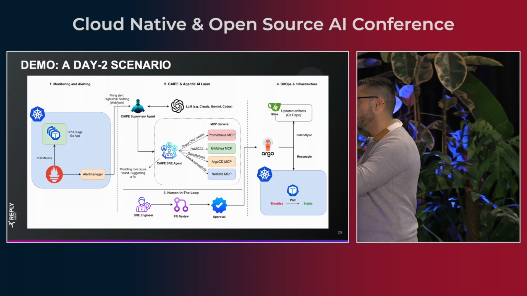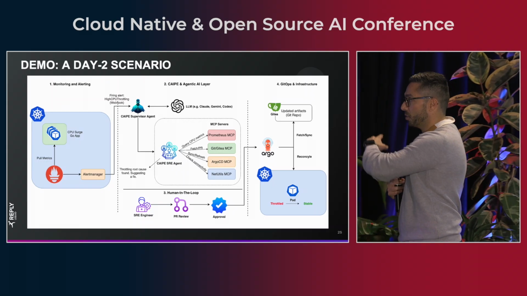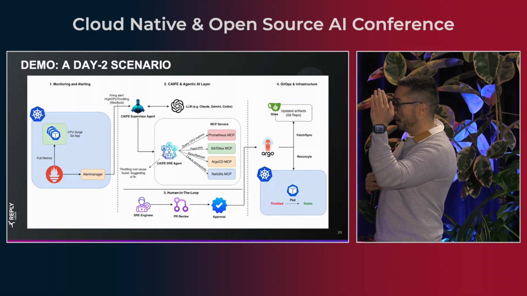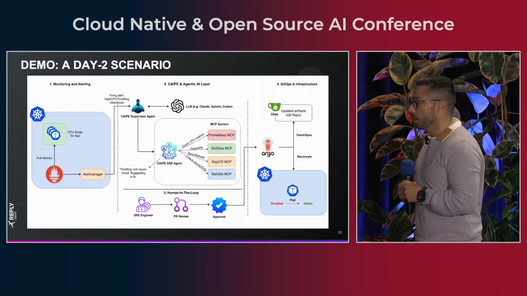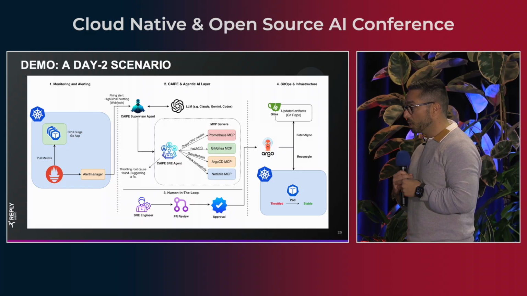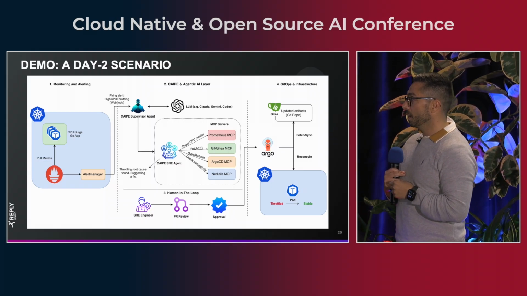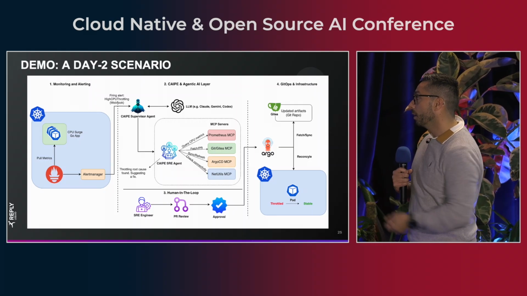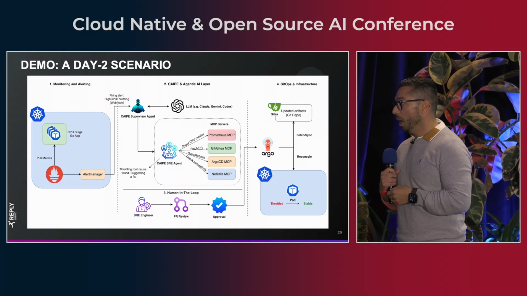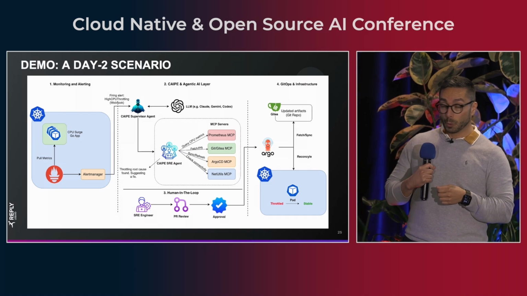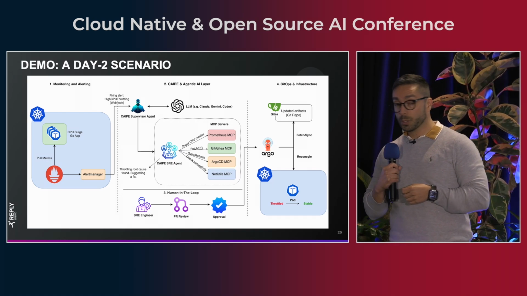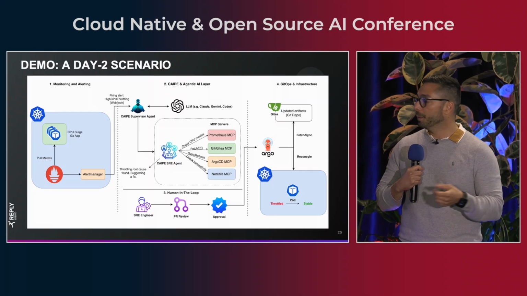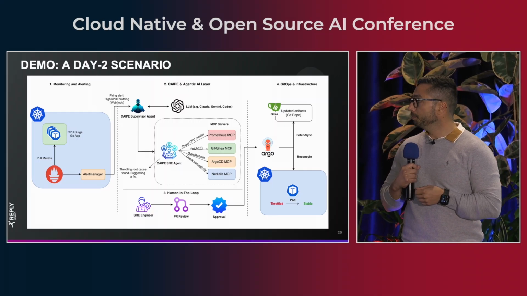Then what happens? The supervisor agent is going to reason it with the LLM and contact the respective MCP server, which in this case is, I think, the Prometheus MCP, and it will come up with the root cause. I will also ask for a solution, and it will give us a solution.